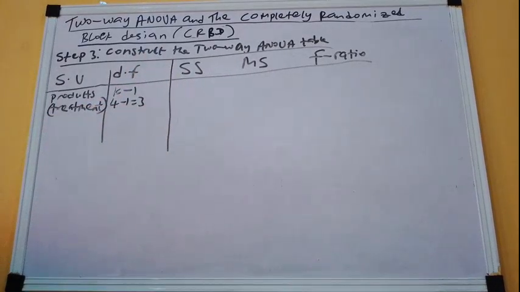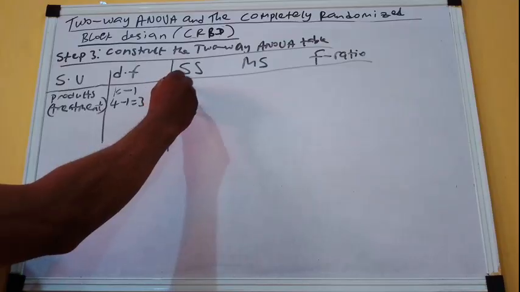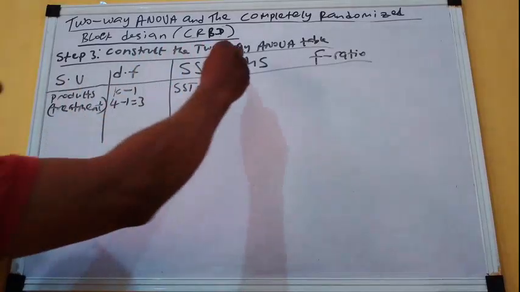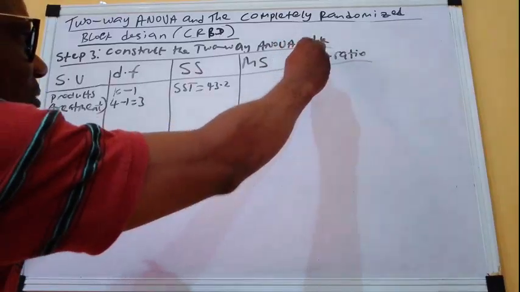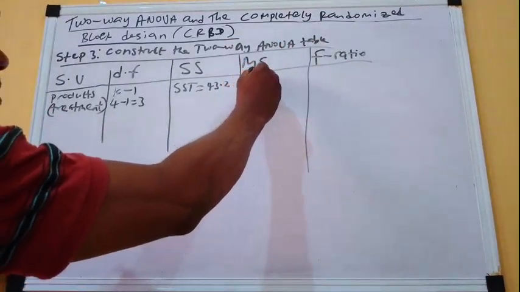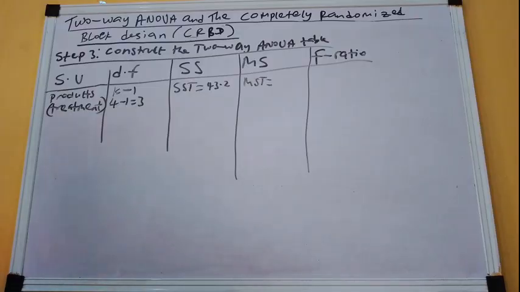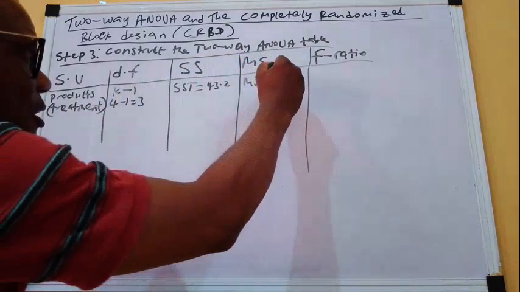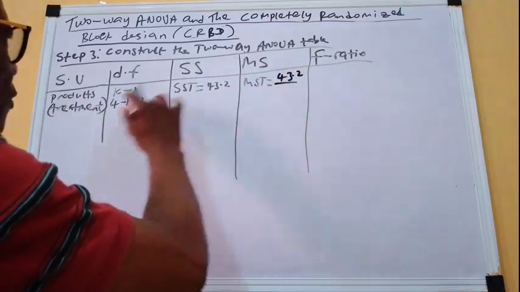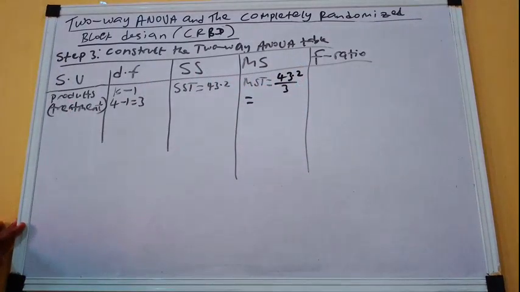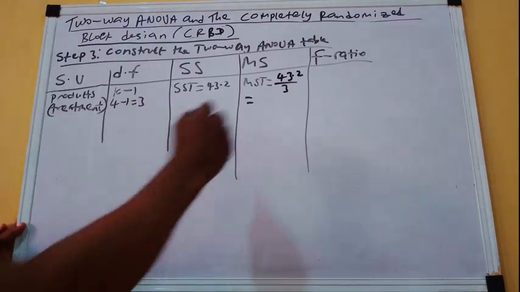Then the sum of square for treatment, SST, is 43.2. Then the mean sum of square for treatment, MST, we divide by the corresponding degrees of freedom. So MST will be 43.2 over 3, which is 14.4.